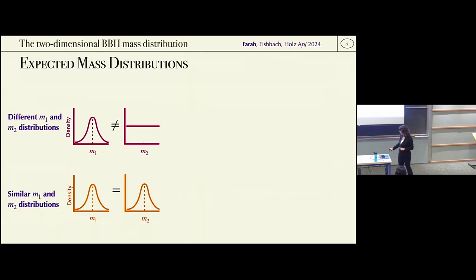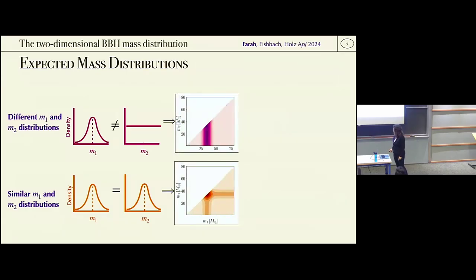But what we're actually sensitive to in a gravitational wave population analysis is the multi-dimensional population: masses, spins, redshifts, inclinations, sky locations, distances. And we're not necessarily only probing one dimension at a time. So a more accurate representation of what we're sensitive to might be this two-dimensional M1, M2 plane. On the x-axis here, I'm showing the primary mass. On the y-axis is the secondary mass.